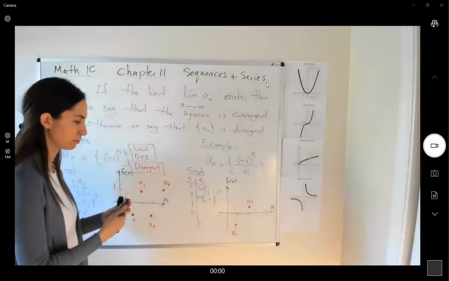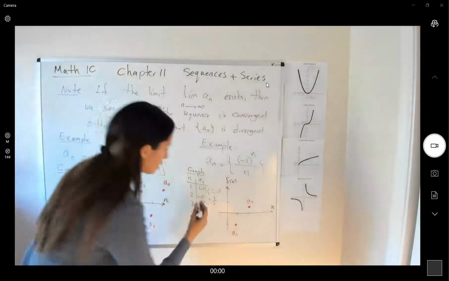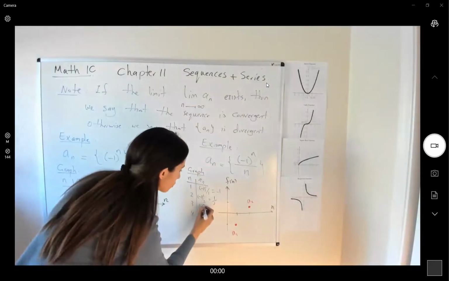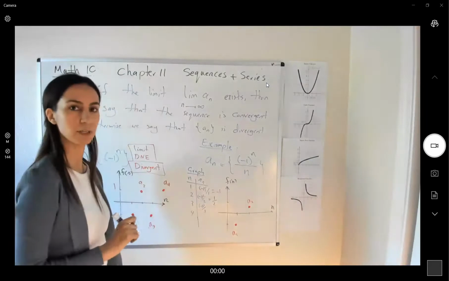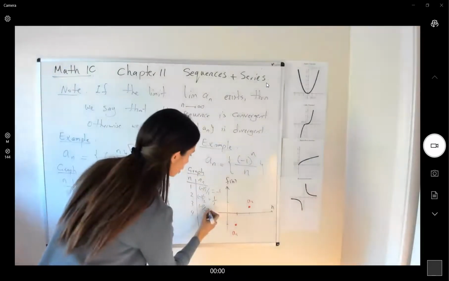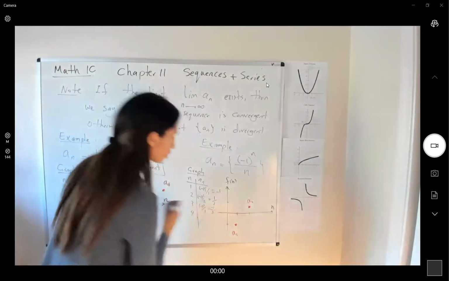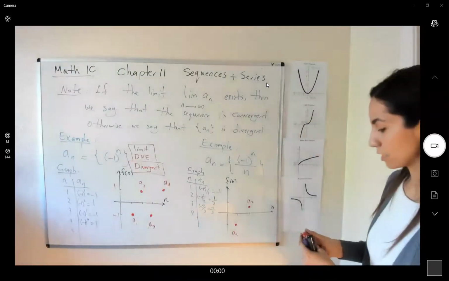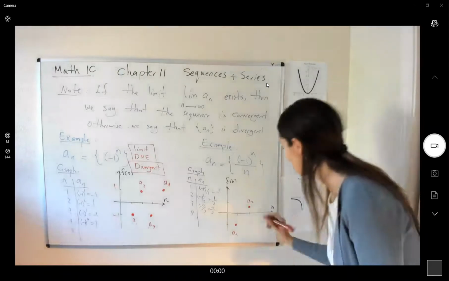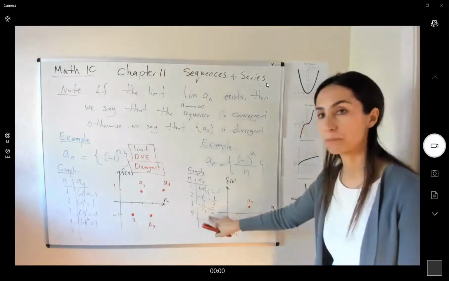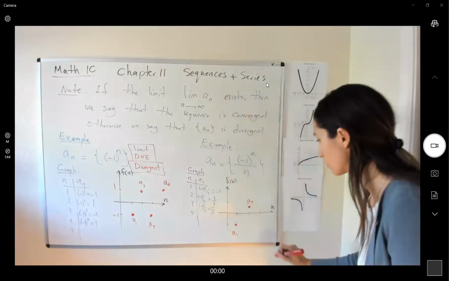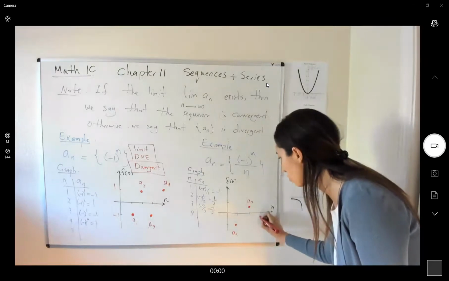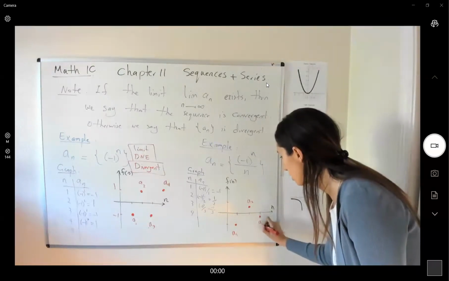Let's plug in 3. -1 raised to 3 divided by 3. -1 raised to 3 is just -1, and in the denominator you have 3. When n is equal to 3, my third term is minus a third. Okay, a sub 3.